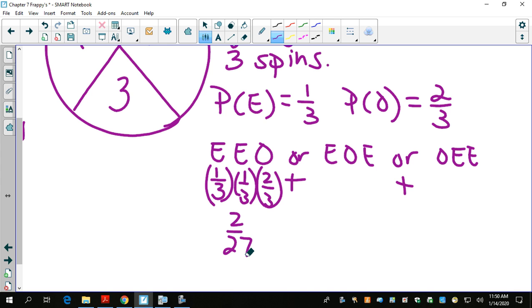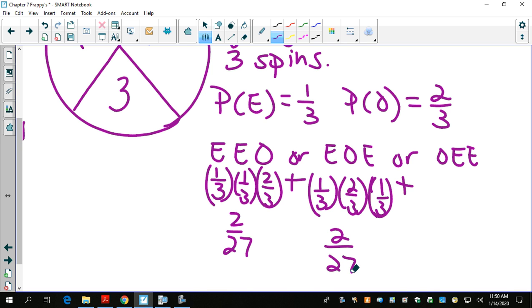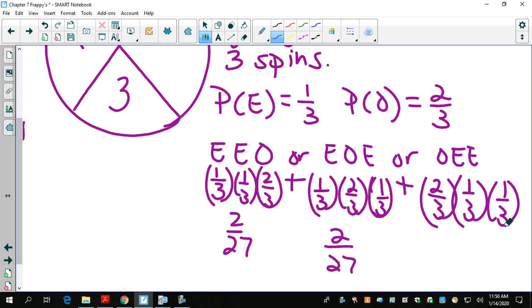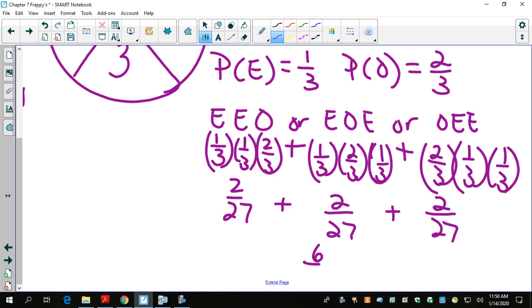And here, this would come out to the same, 1/3 times 2/3 times 1/3, again 2 out of 27. And here, 2/3 times 1/3 times 1/3 is 2 out of 27. So we add these up: 2, 4, 6. So the answer would be 6 out of 27.